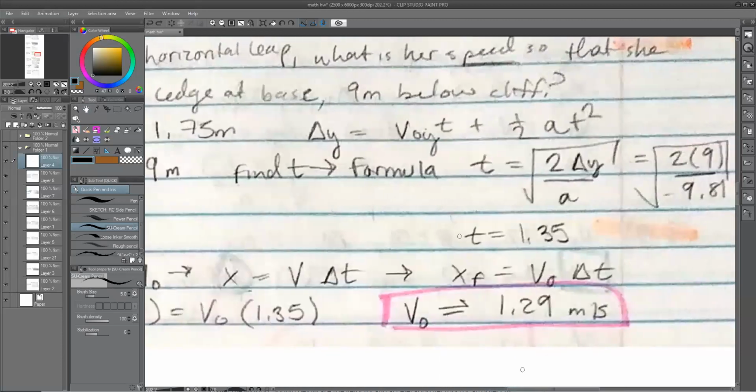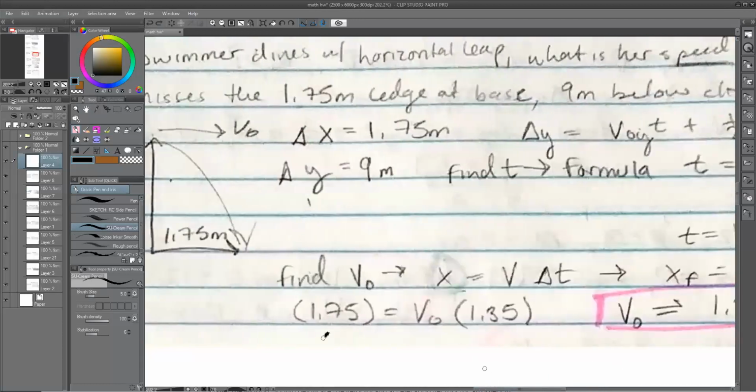When I go to plug it in, I understand that the velocity I'm solving for is this one right here. I know my value of x final, and I know my value of delta t. When I plug them in, this could be considered delta x, this could be vx, this could be delta t, and it all comes out in the wash in this problem.